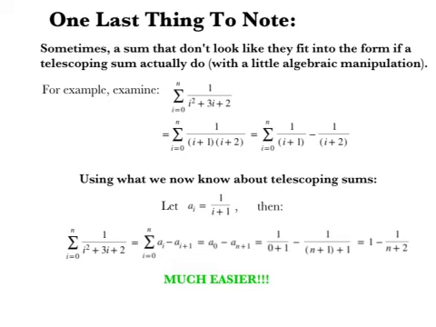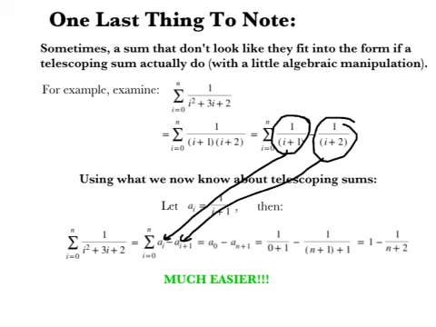So, in other words, this is this, and this is this. And so, using what we know, this sum here is equal to a sub 0 minus a sub n plus 1, as j is less than k. And just by plugging in what we've defined a sub i to be, it's very, very simple to quickly solve this using a telescoping sum.